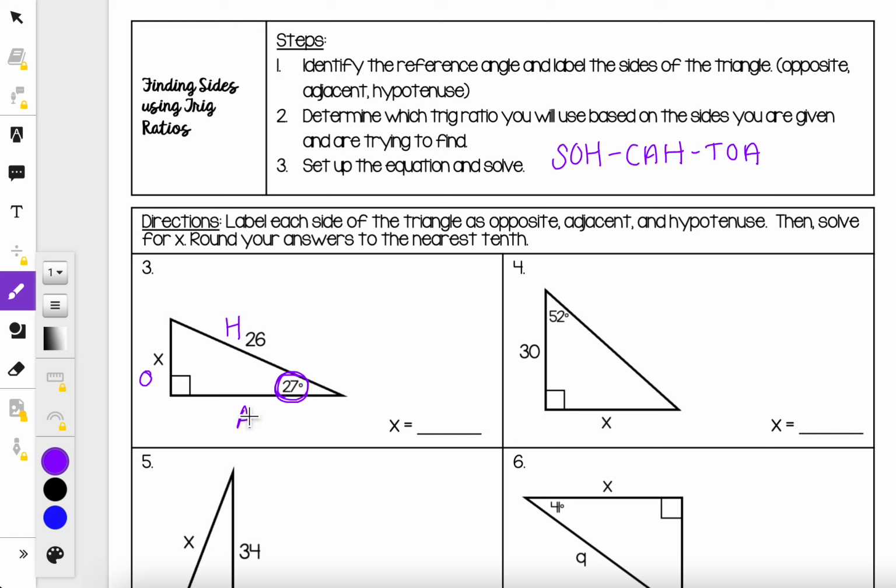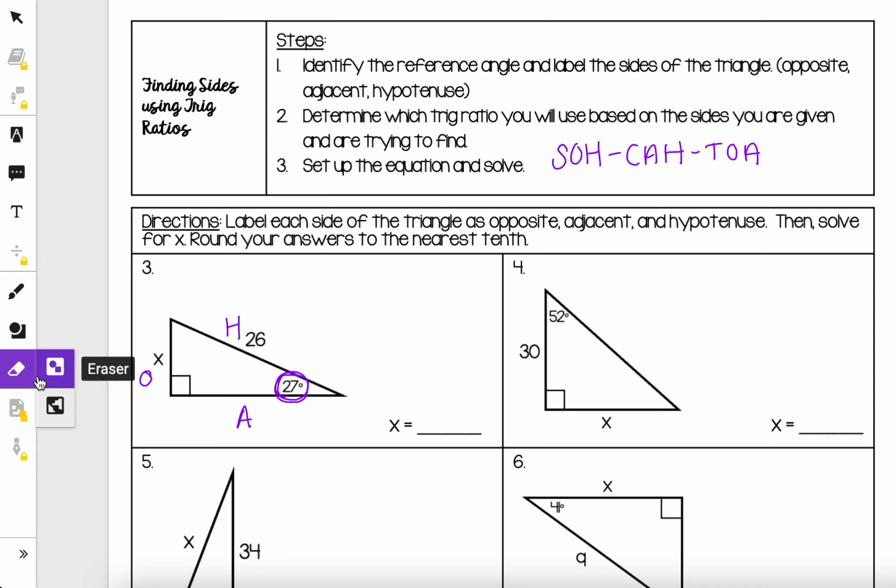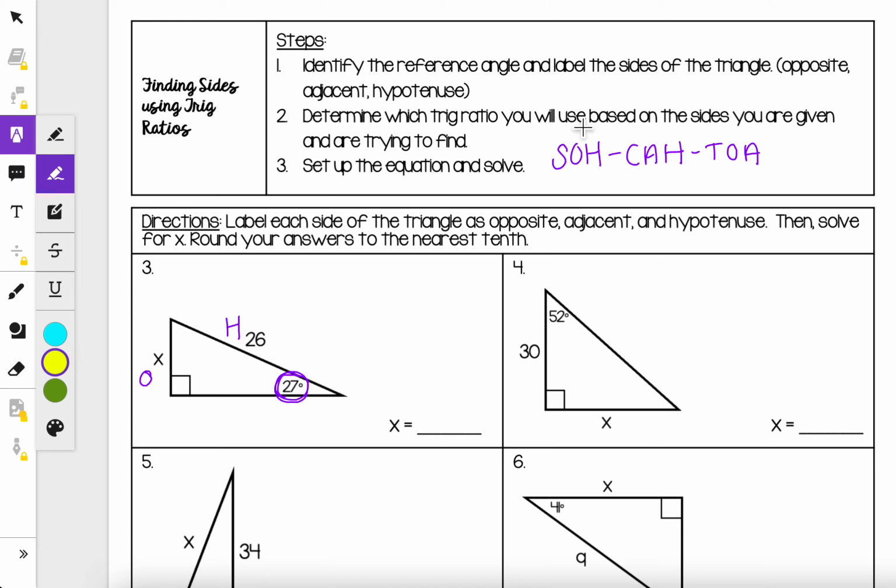If I look here, I'm trying to find information about my opposite. I know my hypotenuse, so this adjacent doesn't have anything to do with this problem. So I'm just going to erase it. Okay, so I have an O and an H. If I look here, O and H tells me I'm going to use sine.